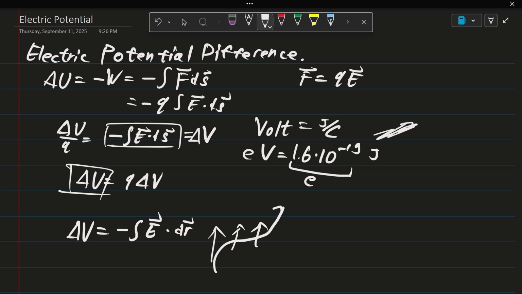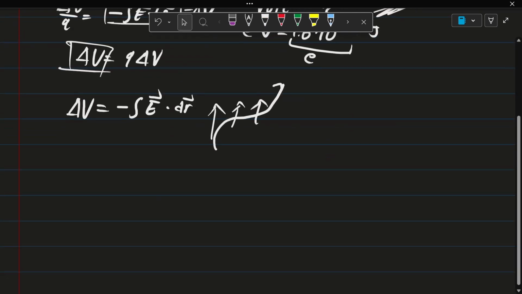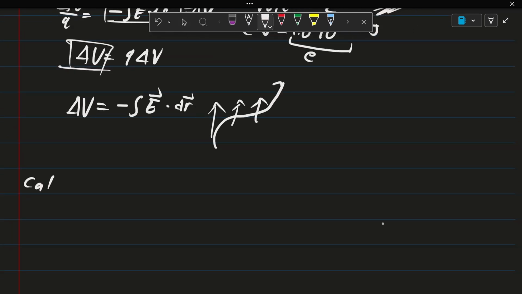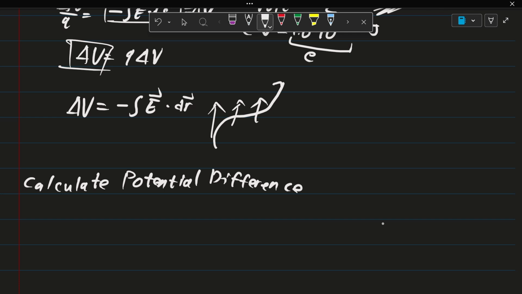So let's start to try to calculate the potential difference. One of the easiest systems for you to analyze is the point charge itself. So if I have this positive charge here, the question is, what's the voltage if I move from one point to another?